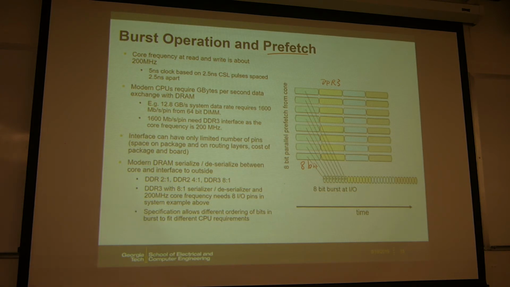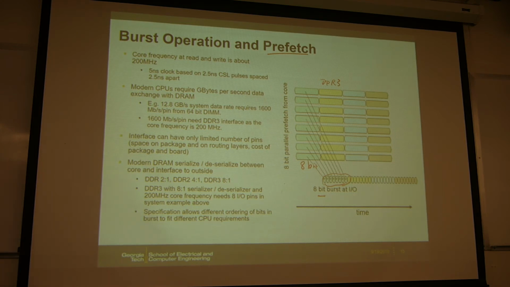And then you have those 8 bits in the I/O buffer. You are going to burst those 8 bits out within 1 internal clock cycle with increased I/O clock frequency.